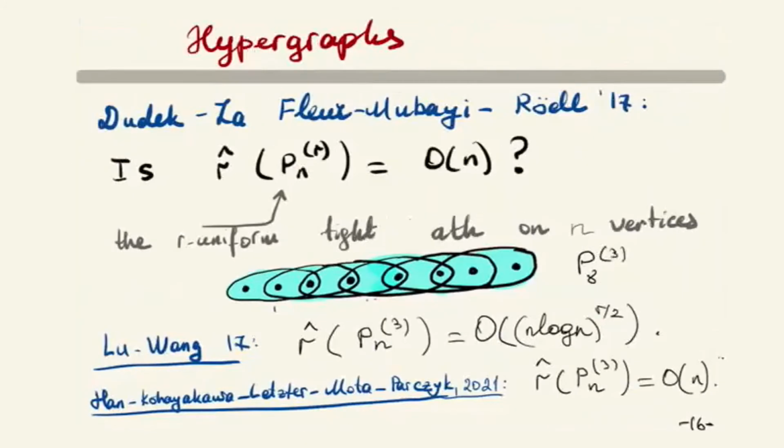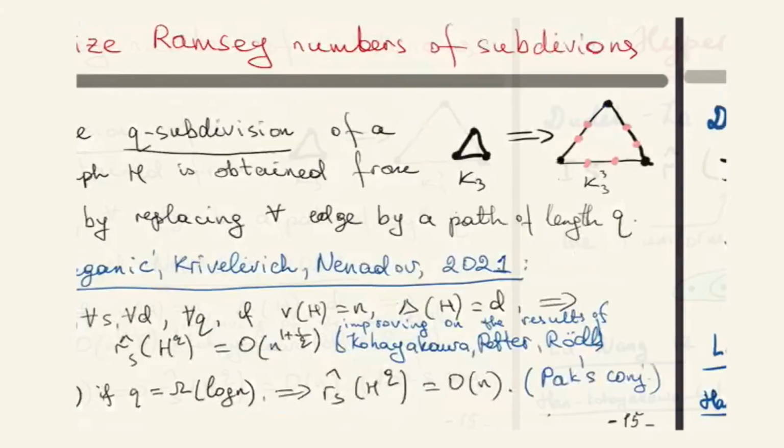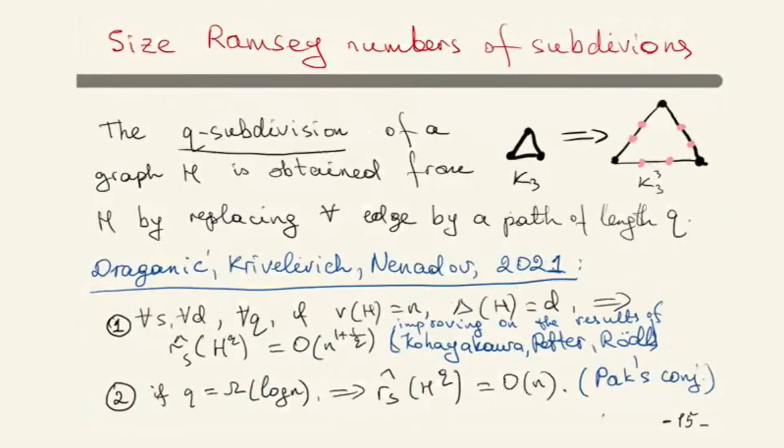Okay. So what about hypergraphs? So far, we have only talked about graphs. Liana, sorry, before you go in, can I ask you a couple of questions? Yeah. So one thing I wanted to ask is, is there any monotonicity in any way here with the subdivisions? Can you, in some sense, guarantee that the Q plus first subdivision has smaller Ramsey number than the Qth subdivision?